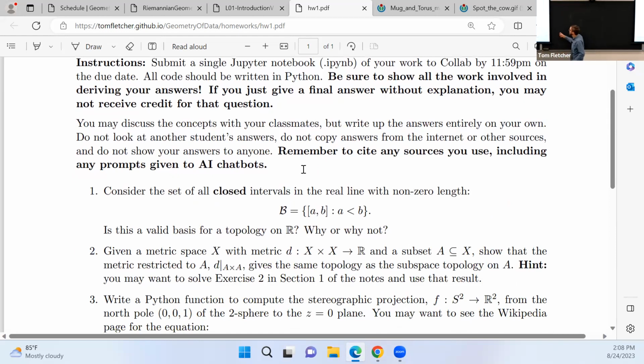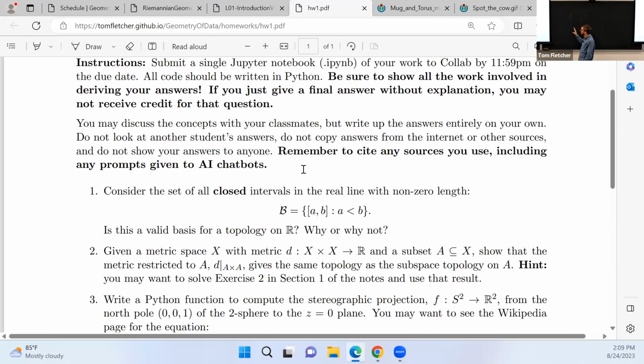I did want to repeat just that. Remember the policy, which we covered last time: you can work together, you can discuss topics and questions with each other, and you can also look on the web for hints and extra reading about different topics or tips on Python programming, et cetera, including the use of AI like ChatGPT and those types of things.